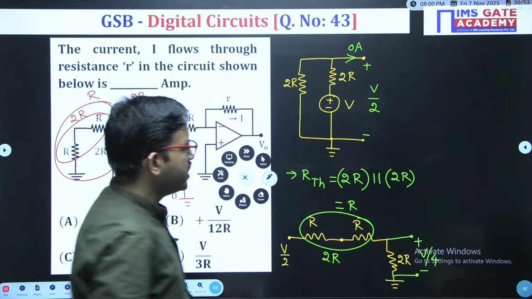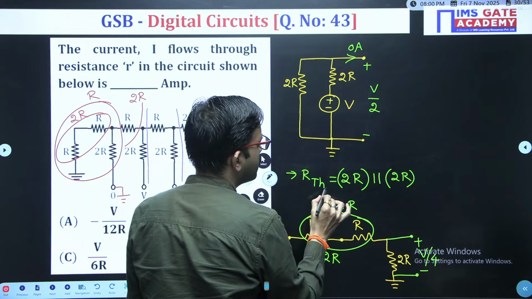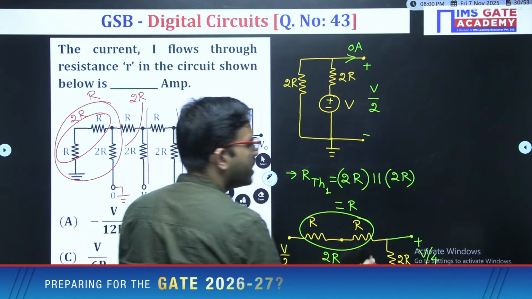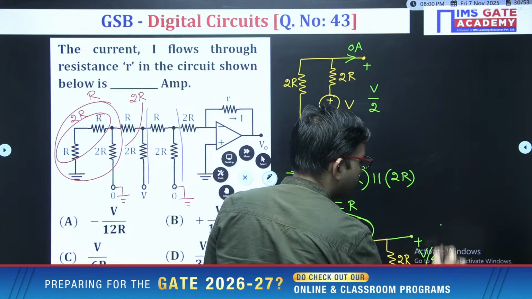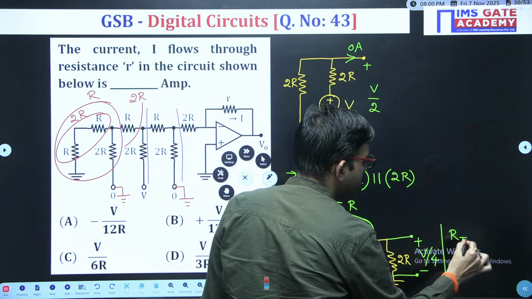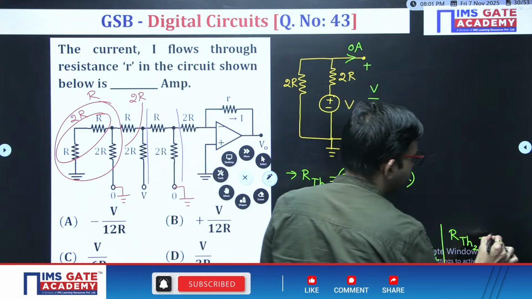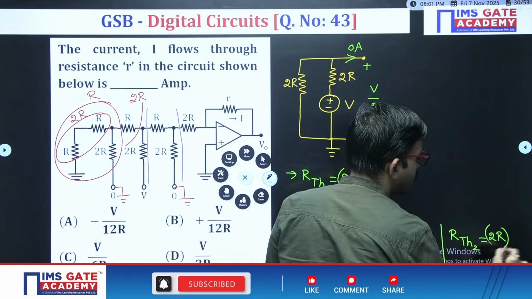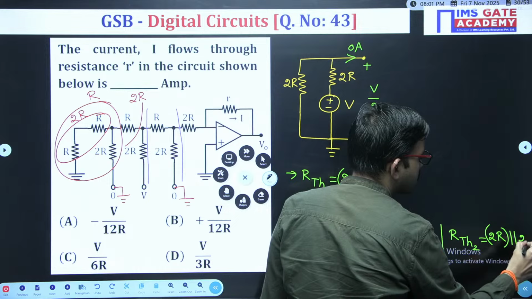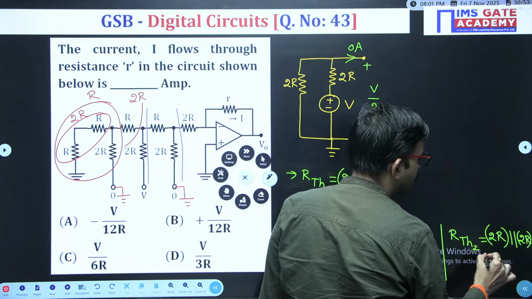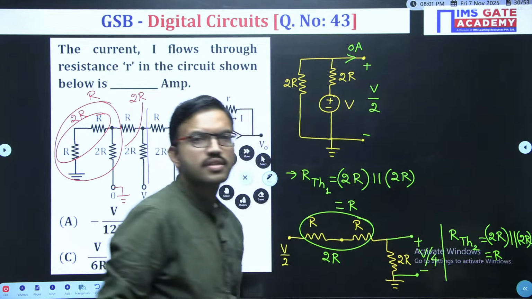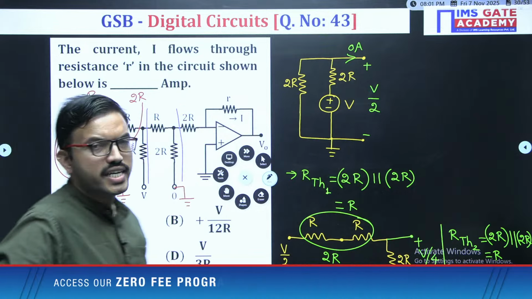Coming to the RTH, for reference, here I am mentioning RTH1. Because it is case 2, I am writing here RTH2. In this case, once again, 2R parallel with 2R, that means R. That is the beauty of the R2R ladder network.